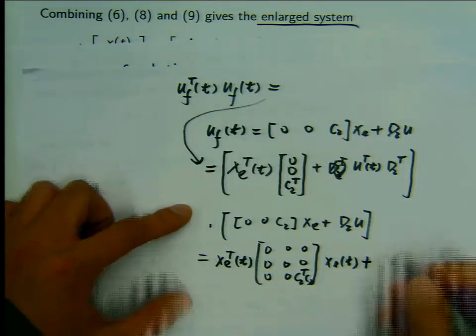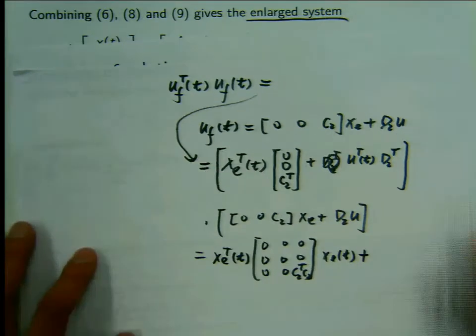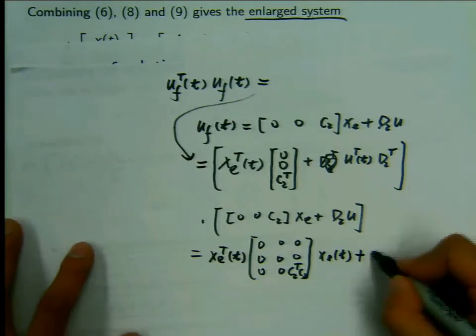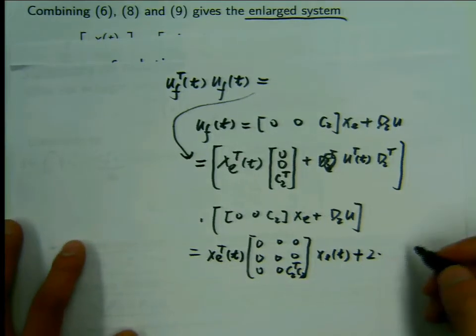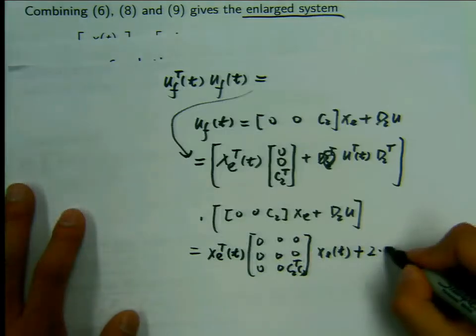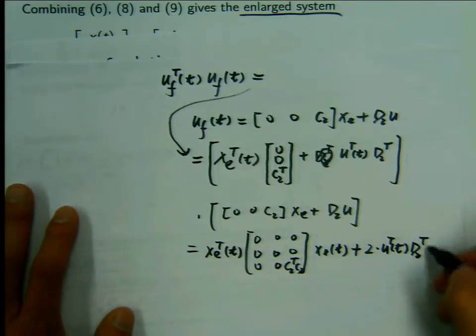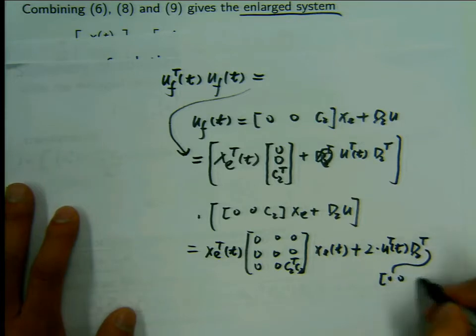Then I'm going to get a cross product term between xe and u, which is going to be 2 times, let me see which order I choose. I'm going to choose u to go first. So u transpose D2 transpose times 0, 0, C2 xe.